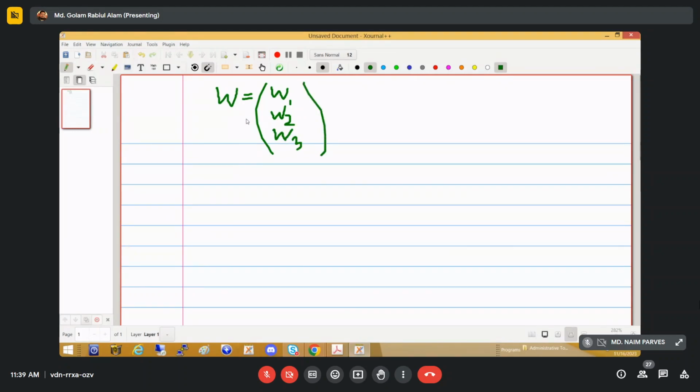And this is our weight vector, or you can say that is the slope vector. And we have another one that is our x. So this is our feature vector. And this feature vector consists of 3 features like x1, x2, and x3.